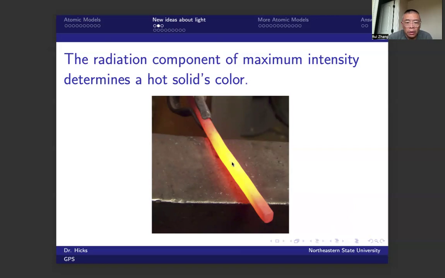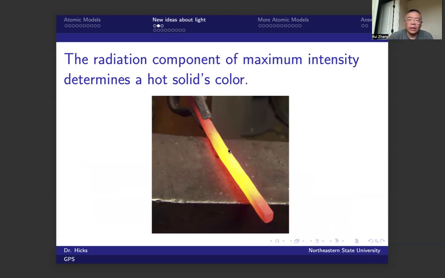In the middle, it shows a yellow or even white color, while on the side is a red color. All the colors show up because of the really high temperature of the steel. You don't want to touch the steel because the temperature is a couple thousand degrees Celsius. It's really, really hot.